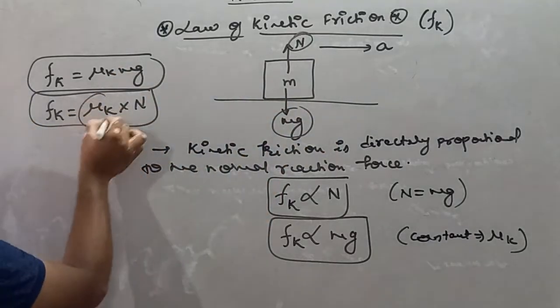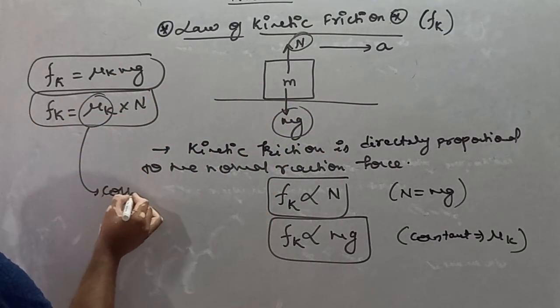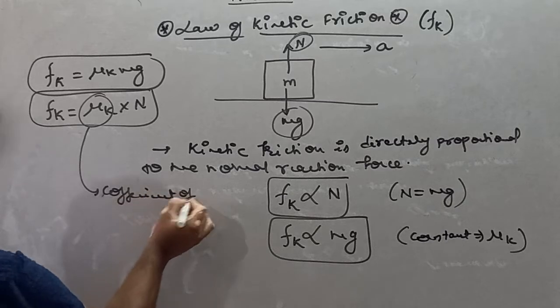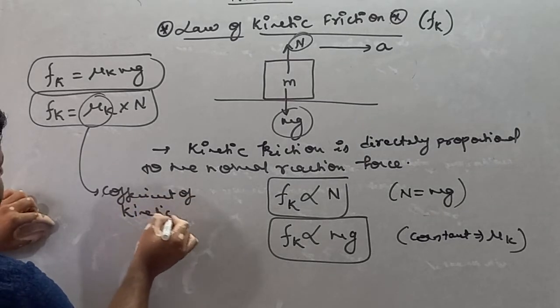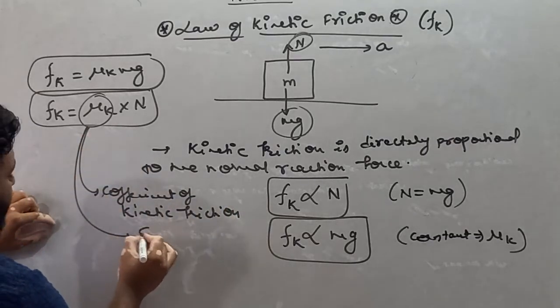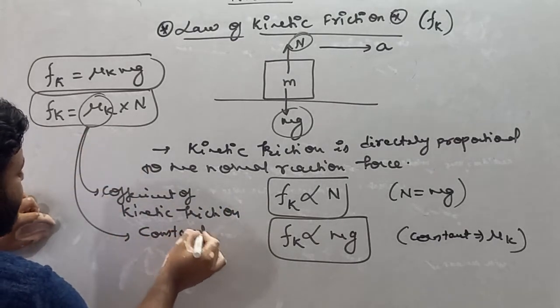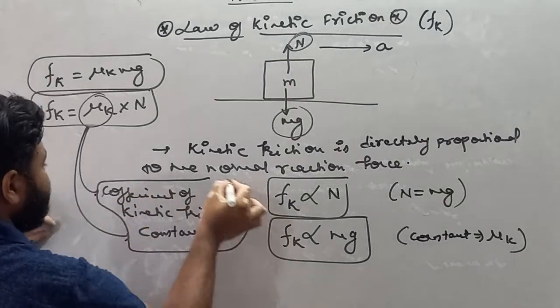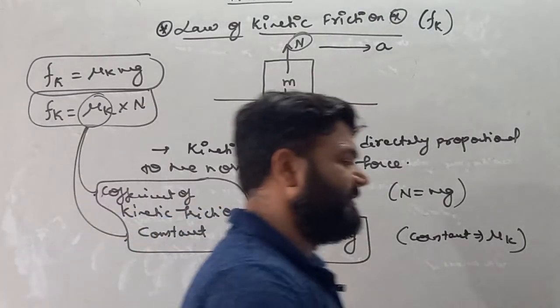So my dear student, this mu k is coefficient of kinetic friction, and this is nothing but a constant. So this is what the law of kinetic friction is.